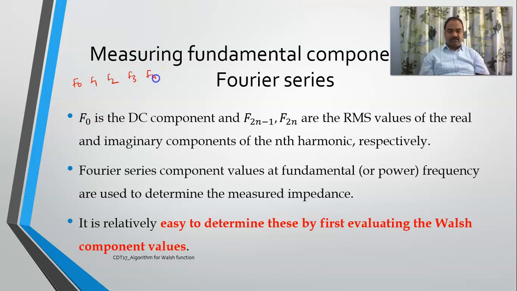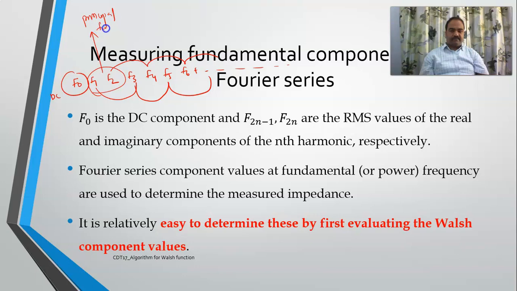And all the odd terms will represent the sinusoidal terms, whereas all the even terms represent the cosine terms, whereas this one represents the DC component. So the first two terms represent the principal or fundamental components, whereas the next two represent the second harmonic. The next two represent the third harmonic. So if I take the nth harmonic, it will be represented by f2n and f2n minus 1.